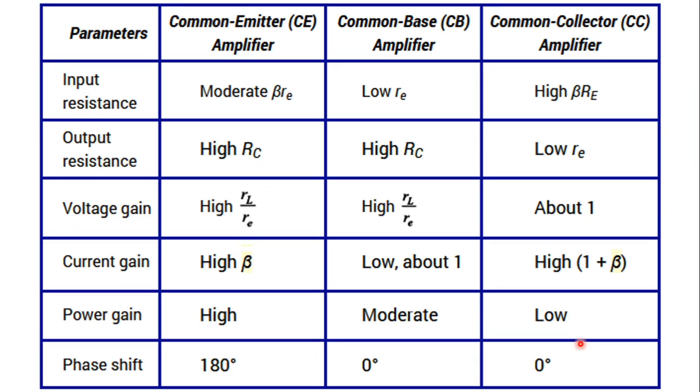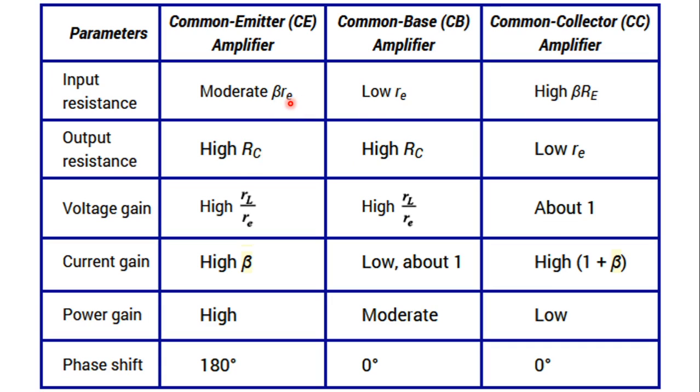This is a table comparing the common emitter, common base, and common collector amplifiers. This is again the same table, but here the values are given in terms of the parameters, beta, Re, Rc, and RL.